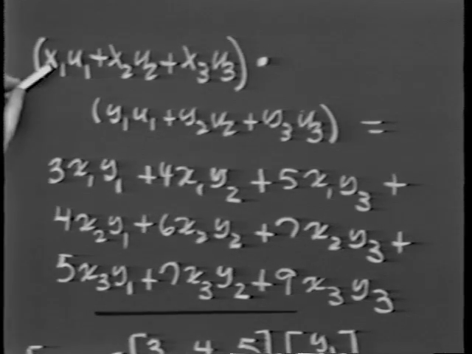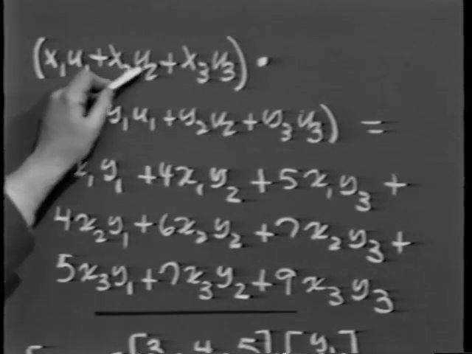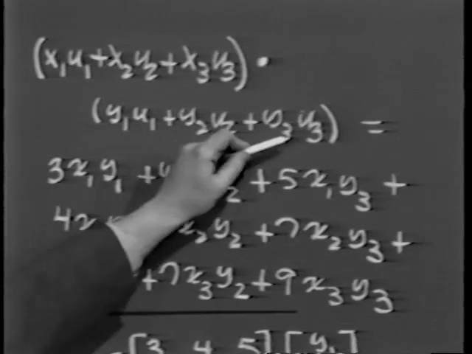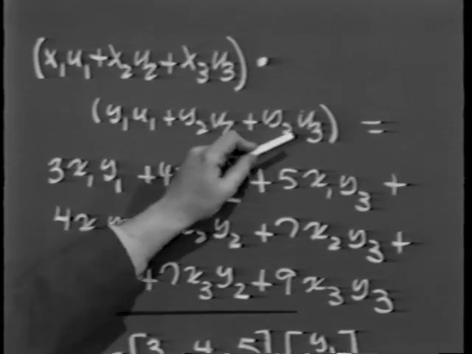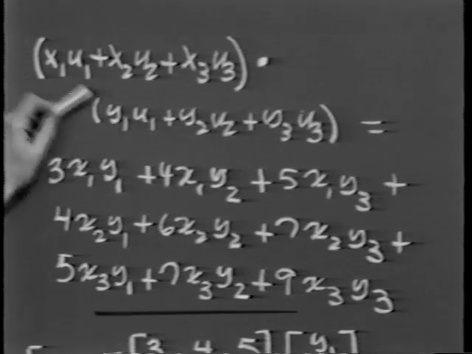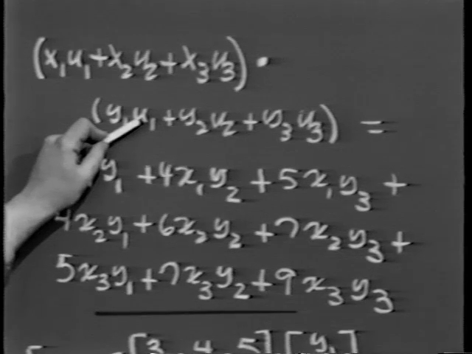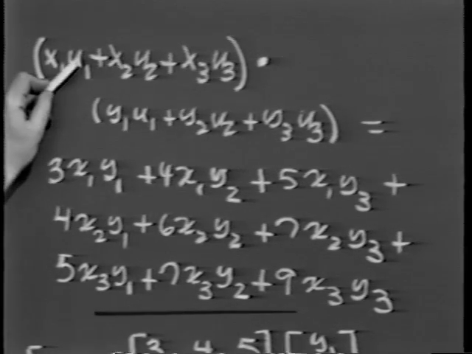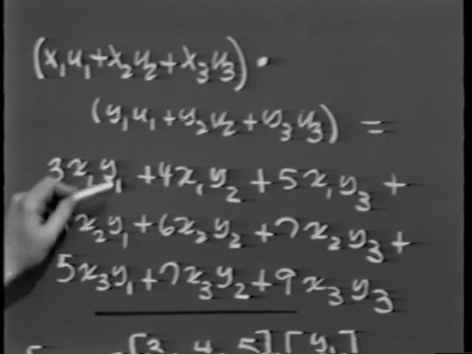In other words, I dot x1 u1 with each of these 3 terms, I dot x2 u2 with each of these 3 terms, and I dot x3 u3 with each of these 3 terms. For example, this will give me x1 y1 times u1 dot u1, but if you recall, I said that u1 dot u1 is 3, so this becomes 3x1 y1.